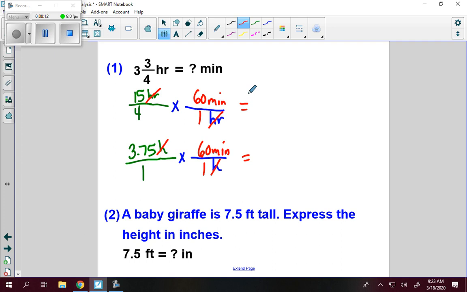And now if I notice, then my labeled answer will be in minutes. So the first one, if I do this, it's 15 times 60, and I would get 900 divided by 4. So 900 divided by 4 is 225. Let me just double check my math. Yep, 225 minutes.